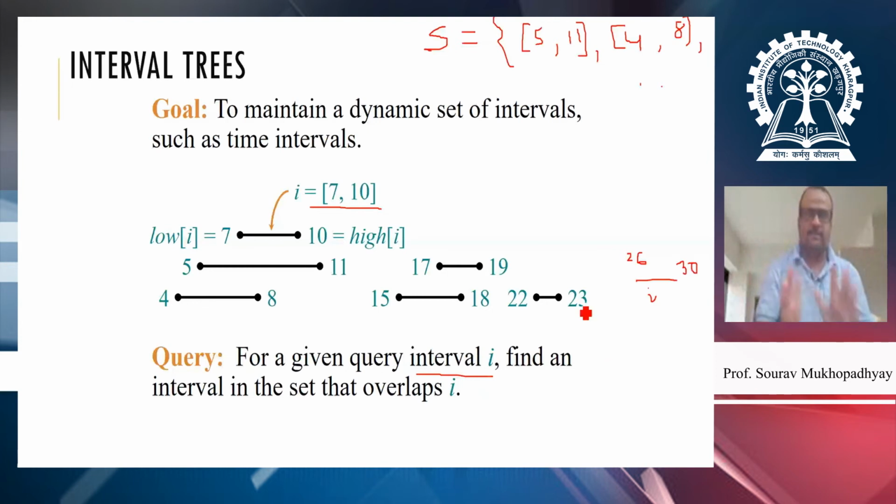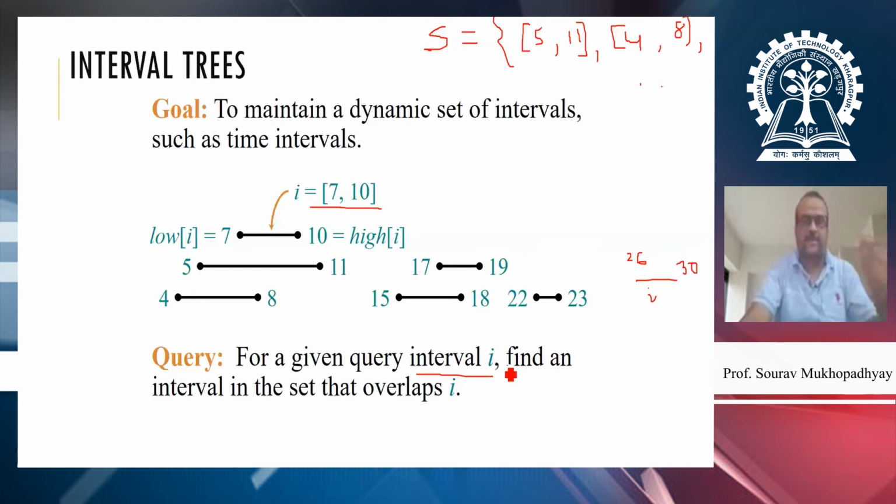That is the problem. The problem is clear. We have been given some set of intervals, and this set is dynamic. For example, at this time we have 5 comma 11, 4 comma 8, 17 comma 19, 15 comma 18, 22 comma 30. So these 5 intervals are there.